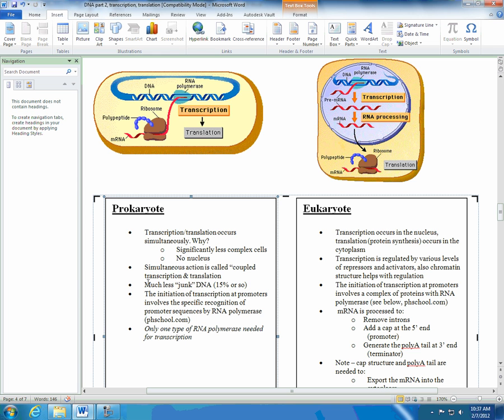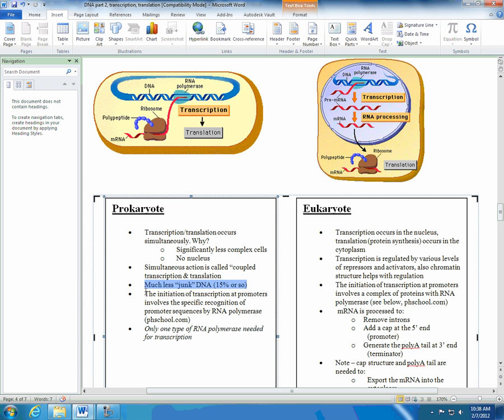And also, whether the cart came before the horse, or which came first, chicken or the egg, one of the results is that you have a lot less junk DNA in a prokaryote. The numbers vary, but just for a ballpark figure, 15% or so of this DNA is junk DNA. In other words, it doesn't make a protein. It may make something else, or we don't know what it does yet.